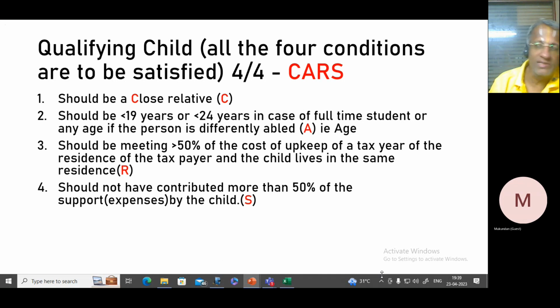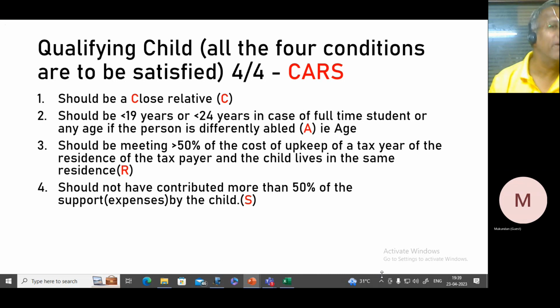Then lastly, support. This is what we call the no support test. So the child should not have met more than 50% of the expenditure incurred by the child. All four conditions are to be satisfied.